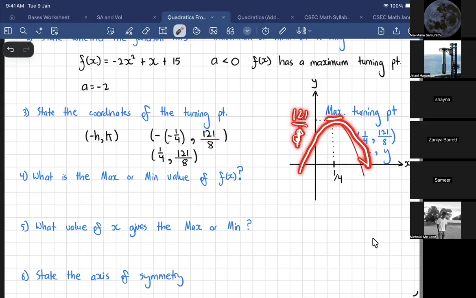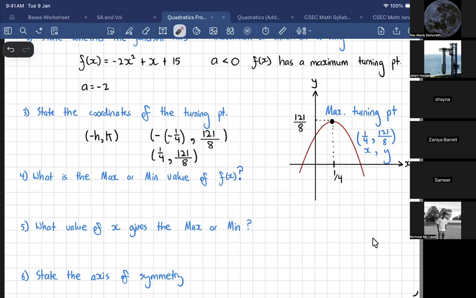What would I need to put into the function to get 121/8? The x value. Yes, and the x value is a quarter. So you need to put in an input of a quarter to get the maximum output, which is 121/8. That is a precursor for number 5.